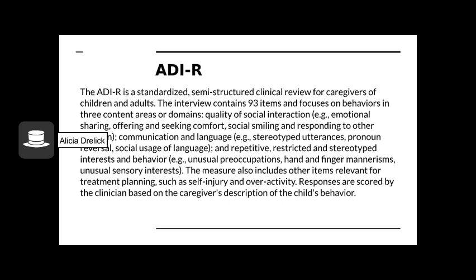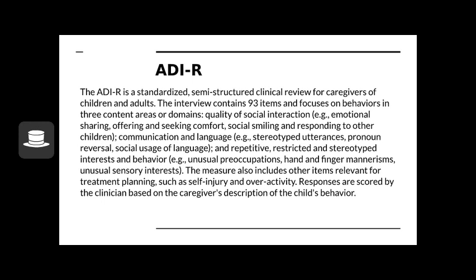The ADI, or the ADI-R, which stands for revised, is a standardized, semi-structured interview protocol that consists of 93 items. These items are broken up into 3 specific domains, and each of the domains relates to one of the 3 characteristics of autism.